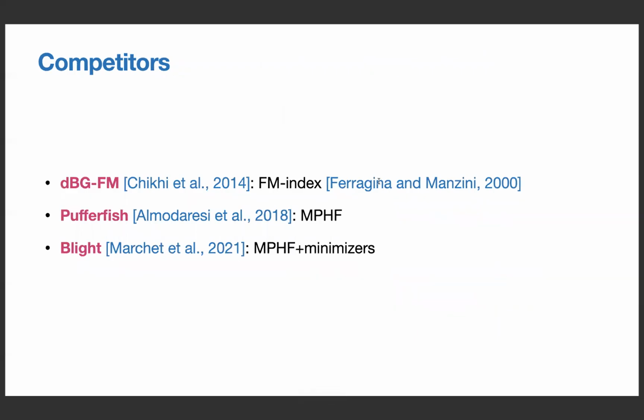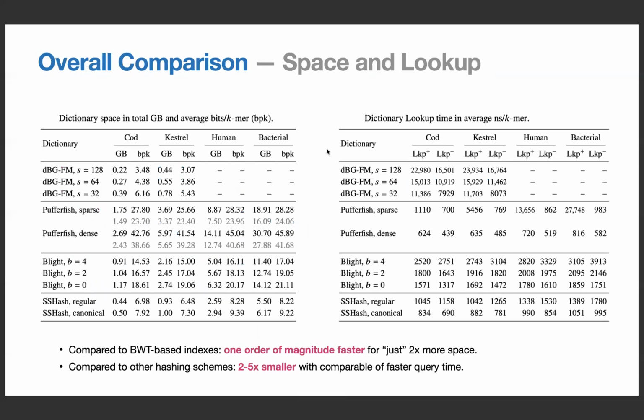Next, we consider comparison against competitive approaches, namely the DBG-FM, which is based on the celebrated FM index, and two recent indexes, pufferfish and blight, also based on minimal perfect hashing. So this is the result of the comparison regarding space and lookup time. On the left, you have the space of the dictionaries, and on the right, the lookup time.